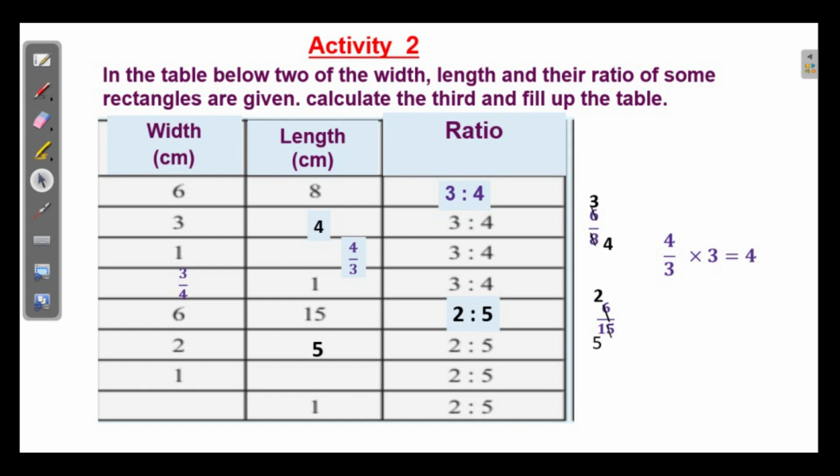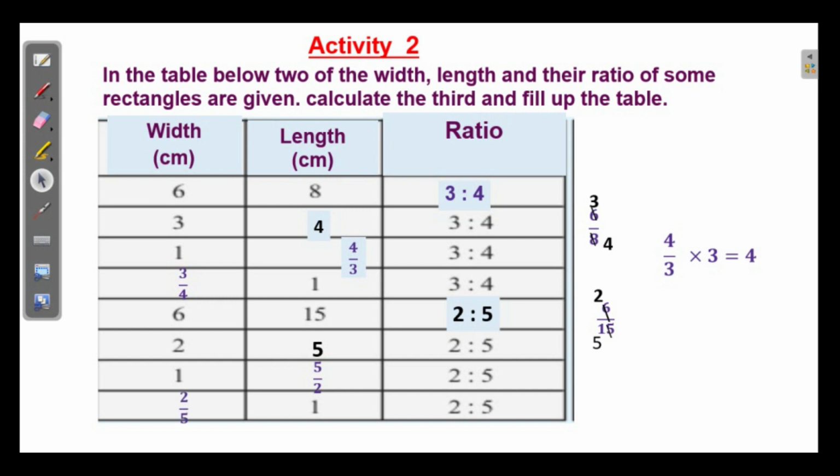Similarly 5 into 1 is 5. 1 is the first number and here in the ratio the first number is 2. 1 into 2 is 2, and which number into 2 is 5? That is 5 by 2. And here the second number is 1. 1 into 5 is 5, the second number. Which number into 5 is 2? 2 by 5.